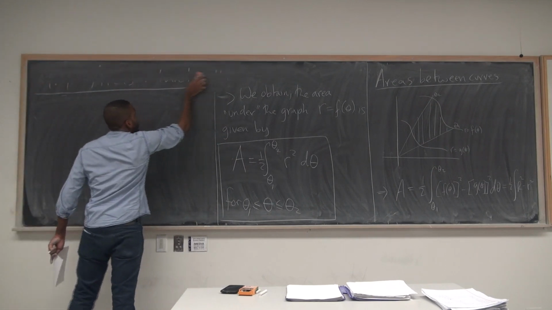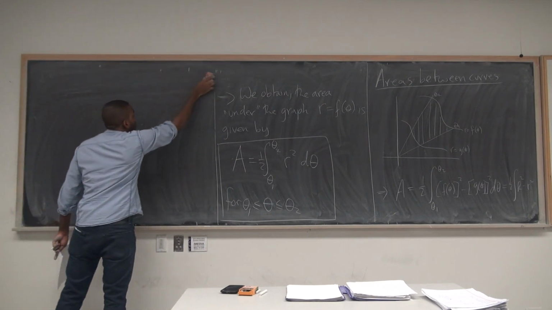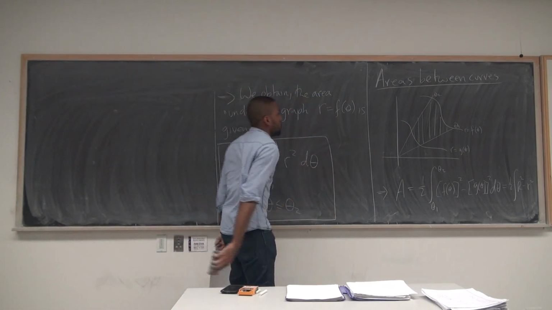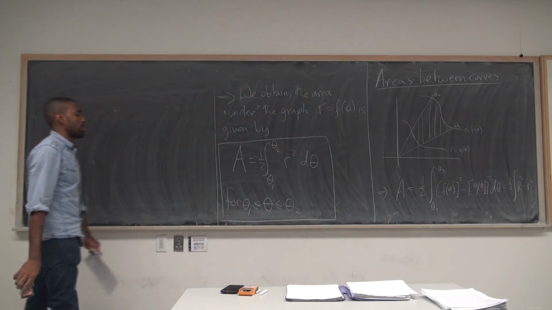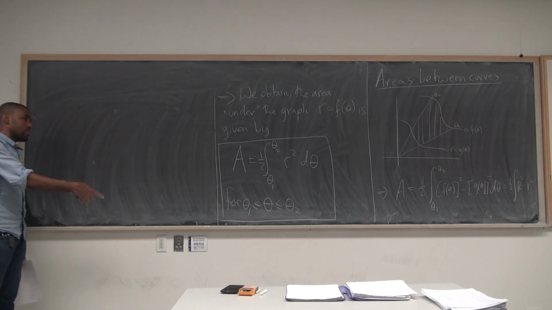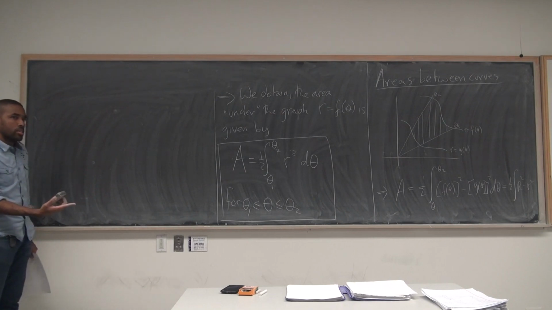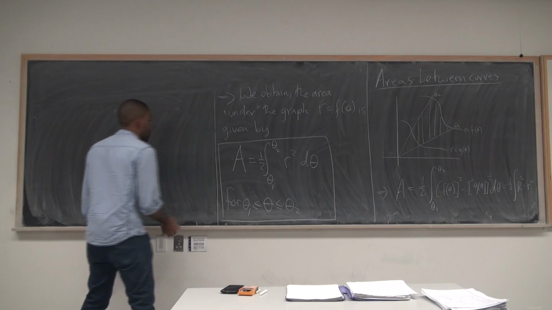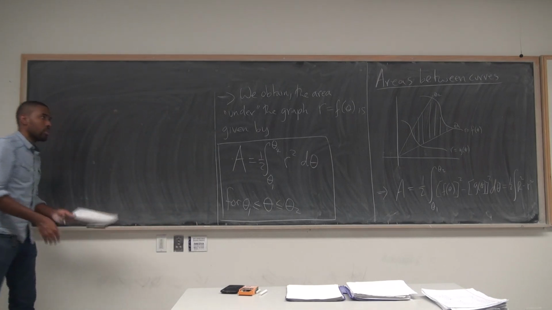In fact, I probably grouped them together. So one thing you can expect is something like, sketch this polar graph and then tell me what's the area inside one of the loops. That's a fairly straightforward question that you'll see all the time.